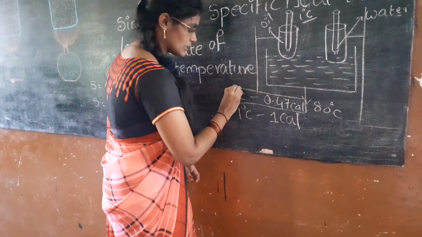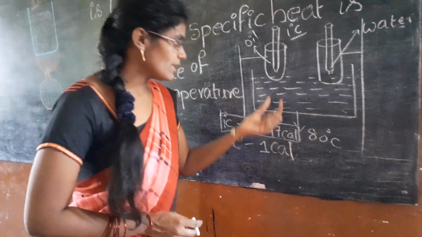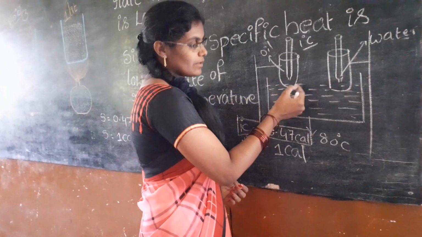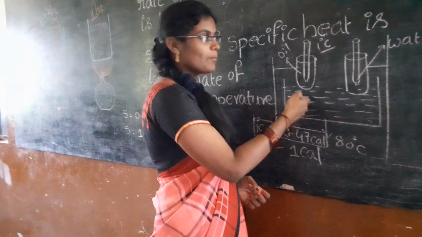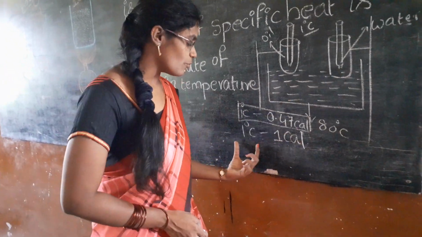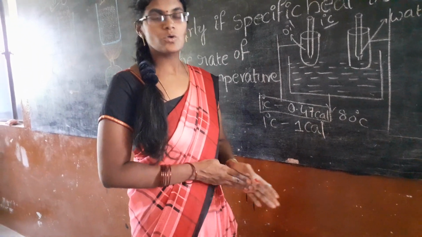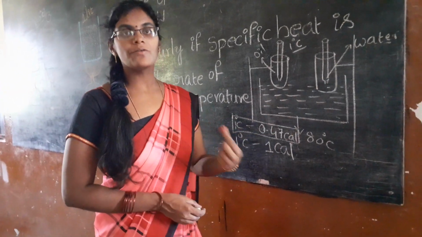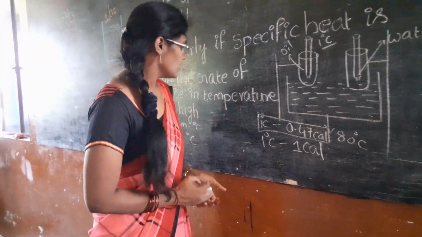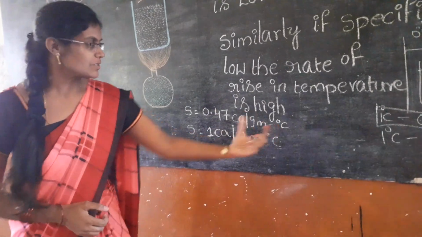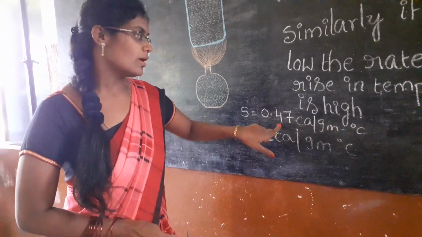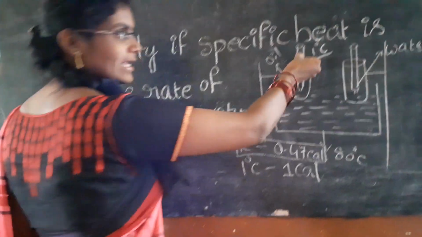So here, for raising temperature, oil takes a very small quantity of heat. So by giving a small quantity of heat, the oil increases its temperature. But water needs more energy to raise its temperature. So the oil rises its temperature very quickly, and water slowly. Okay. So by this what did we understand, ma'am? If specific heat is low, the rate of rise in temperature is high.